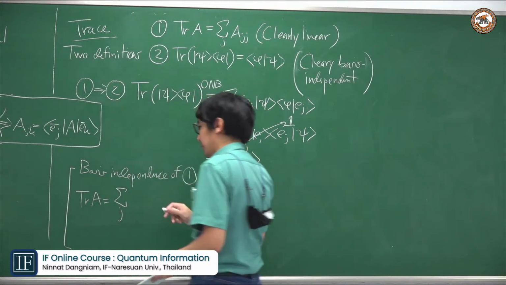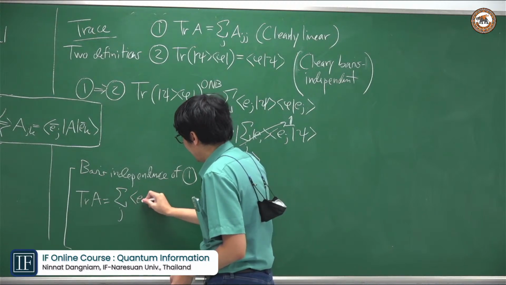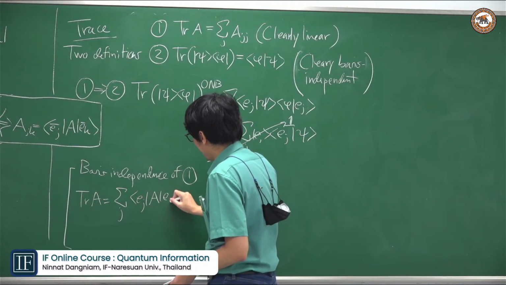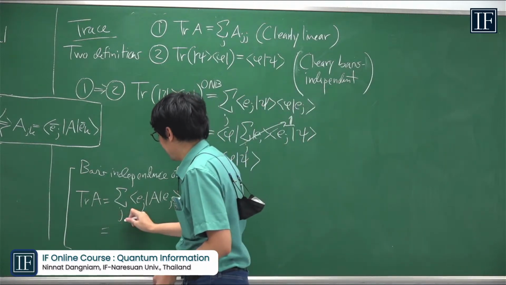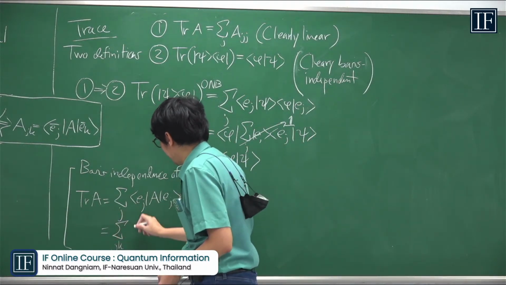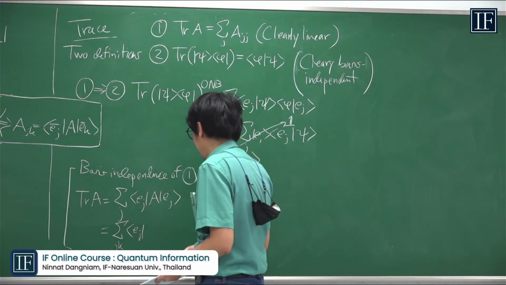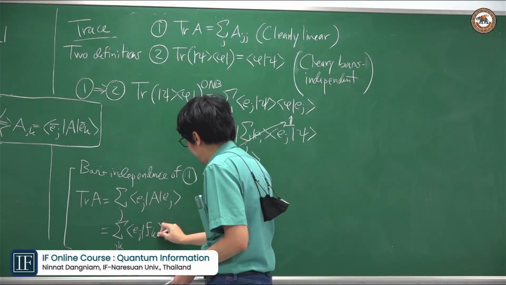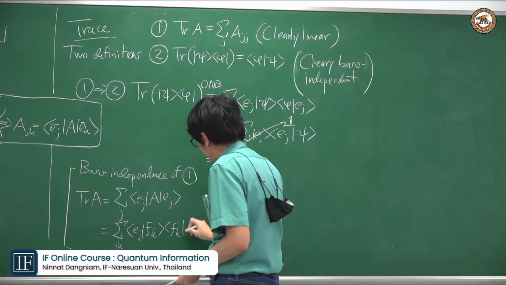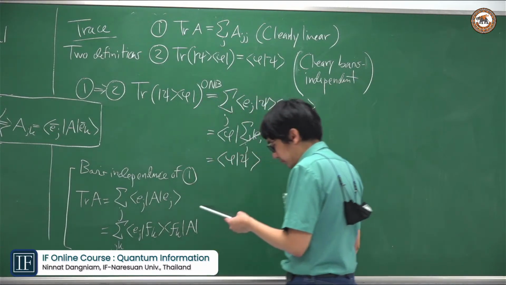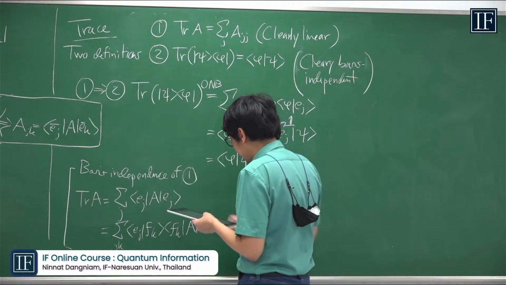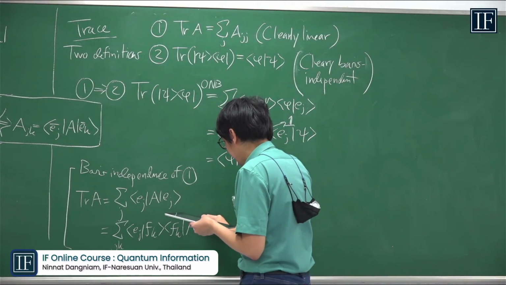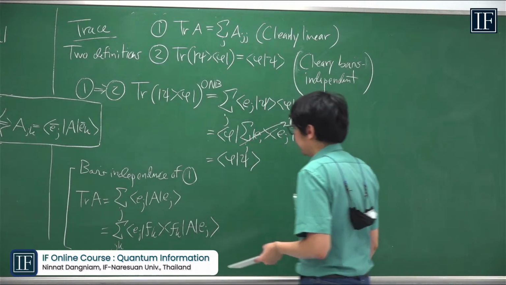So assuming an orthonormal basis again, if I have it in one basis, but now I want to use a different basis, so let's say it's f_k.